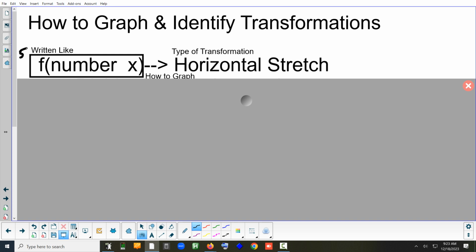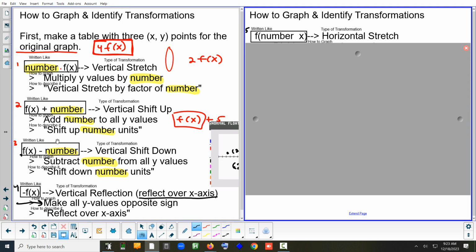What does this kind of transformation look like? Well, it's kind of like the one that we did before. It's times a number. But notice, where is the number in box 5 compared to where it was in box 1? It's in the middle, inside the parentheses.